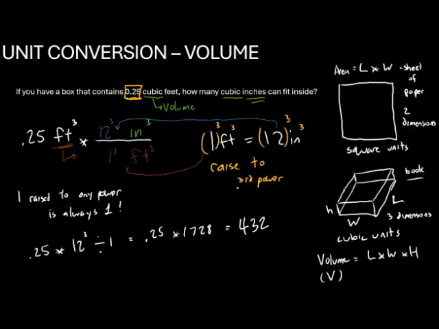Let's just check our letters. Since we have cubic feet to begin with, and cubic feet on the bottom, those cancel out. This means the letters we have left over are inches to the third power, or cubic inches, sometimes abbreviated as CUIN. This will be our volume in the new cubic inch units.